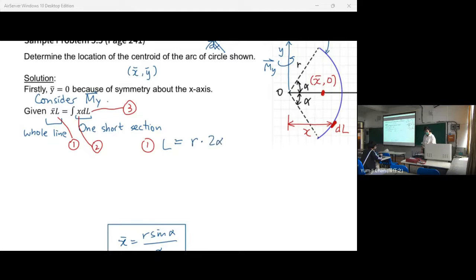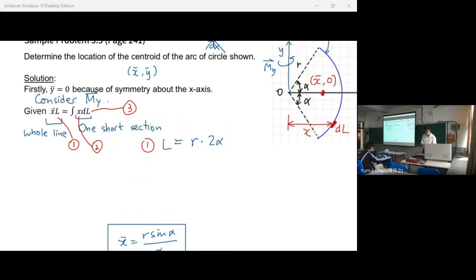Because the length of an arc is equal to the radius times the angle in radian. I think you have learned this at high school, right? So radius times angle in radian.